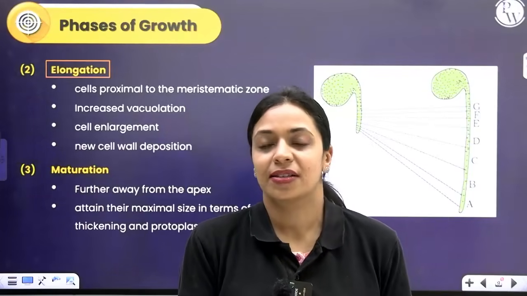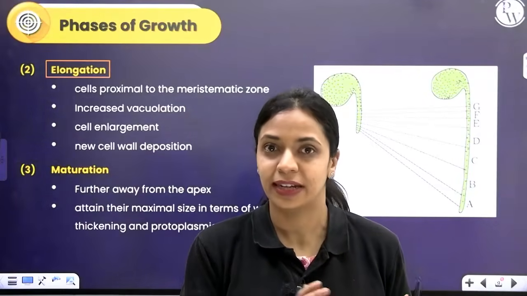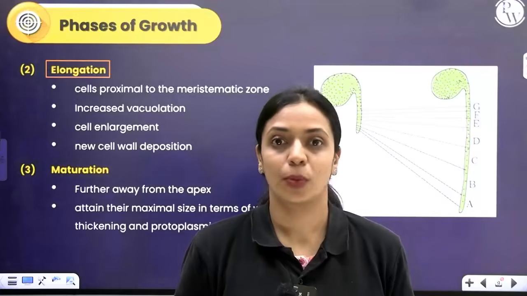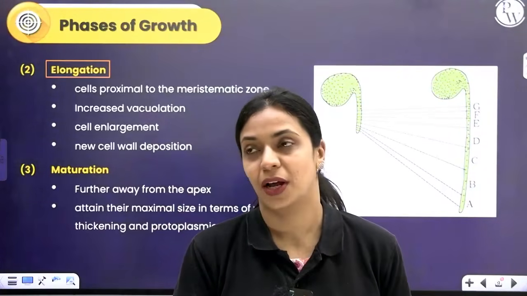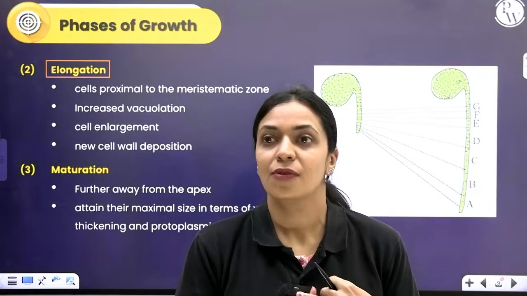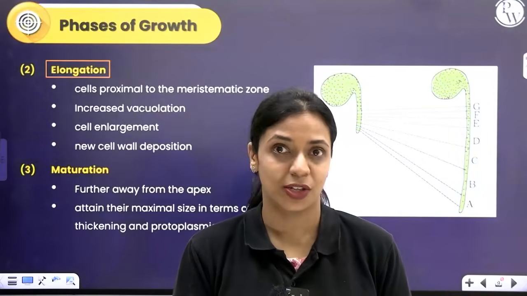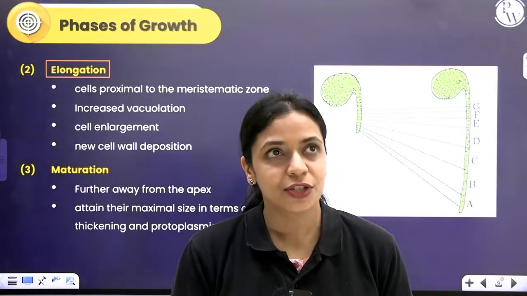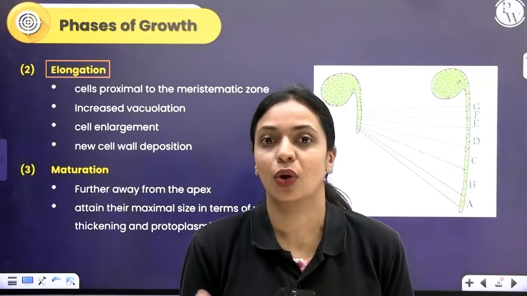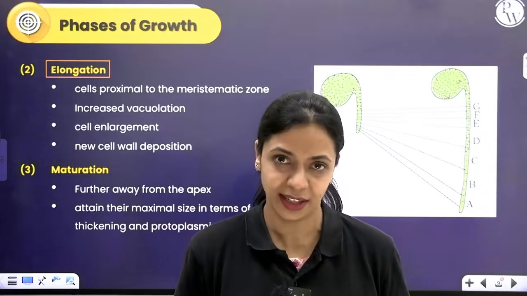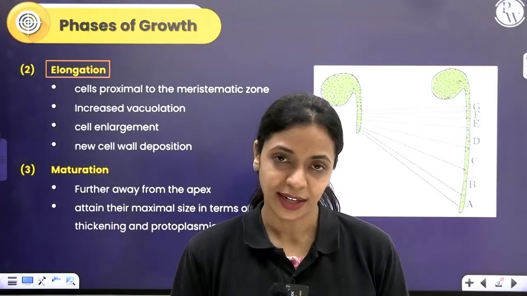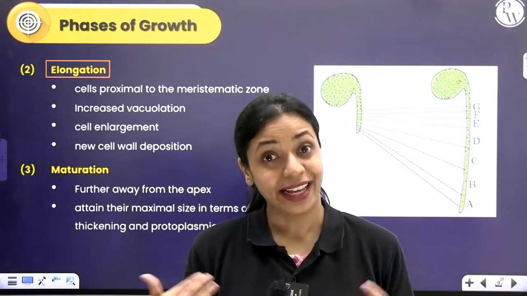See, the meristematic cells don't perform any other job other than dividing. But in a plant, there are so many functions to perform. Somebody has to transport water across different parts of the plant. Some tissue has to transport food. Some tissue has to perform photosynthesis. Some tissue has to provide mechanical support. There's a lot of work to be performed inside the plant. If all cells are just dividing, doing nothing, then it's not a good thing for the plant, right? So some of these cells stop dividing and take up permanent functions.